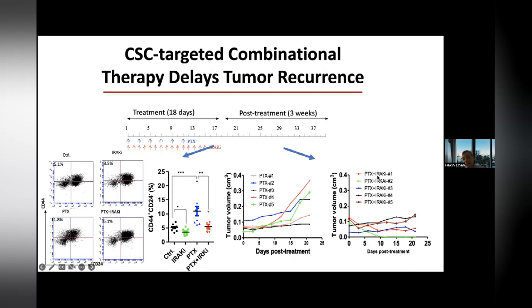But for the combination-treated mice, the tumor maintains the same size for a relatively long time; followed for another 20 days, the tumors stay the same size and don't grow. So this data shows the cancer stem cell targeted therapy can not only inhibit tumor growth, but also delay tumor recurrence.